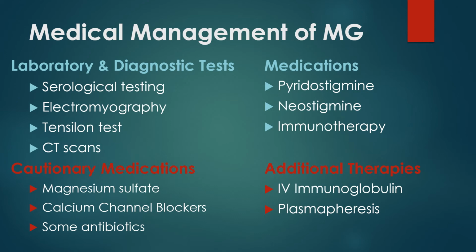IV immunoglobulin. Autoantibodies in the blood that target acetylcholine receptors are the key problem in myasthenia gravis. IVIG consists of immune globulins collected from donors and acts to destroy and neutralize these autoantibodies in the bloodstream and to block the production of new antibodies.